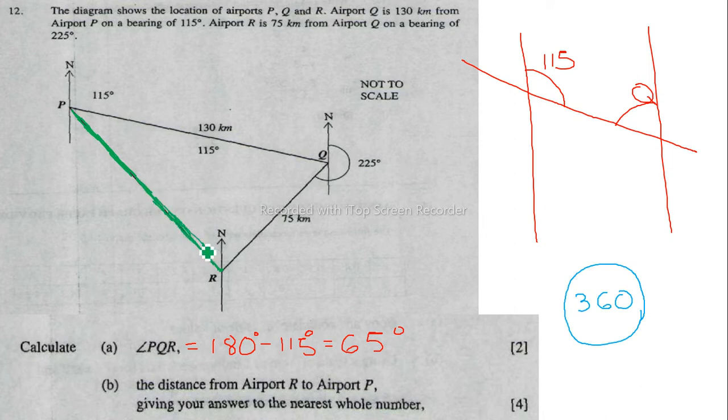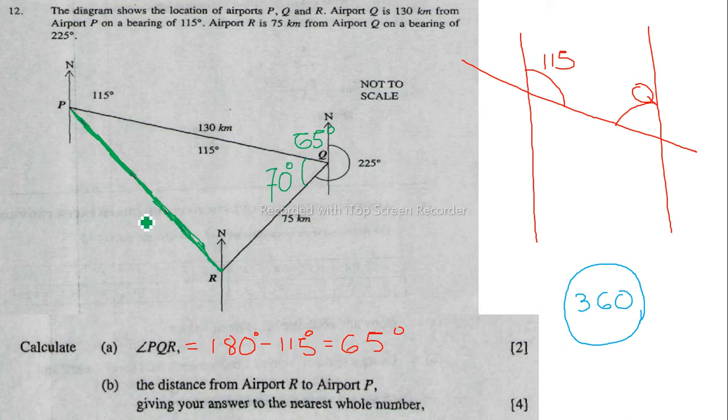Think cosine rule. So far we already know that this is 65, and this is 70. And so let's apply cosine rule.